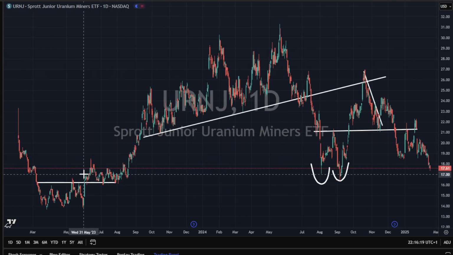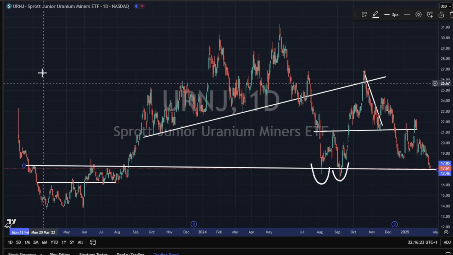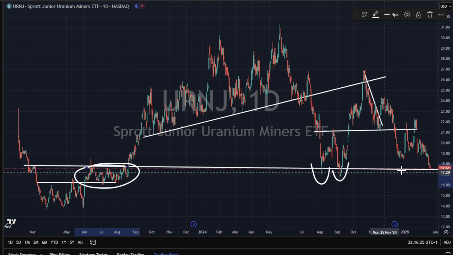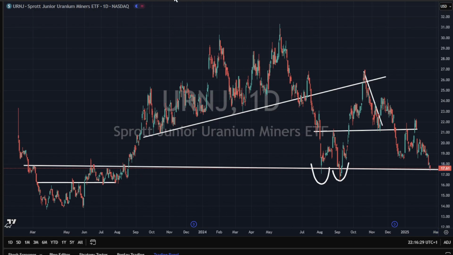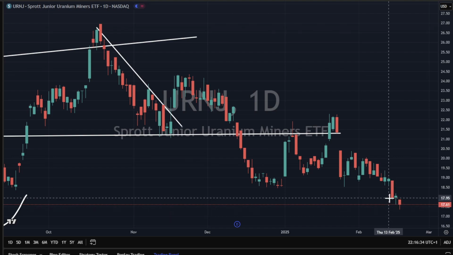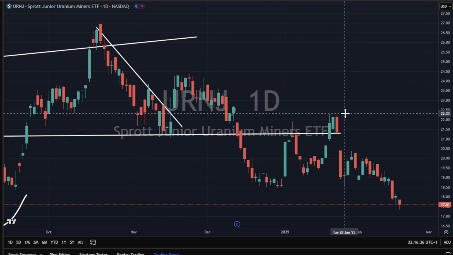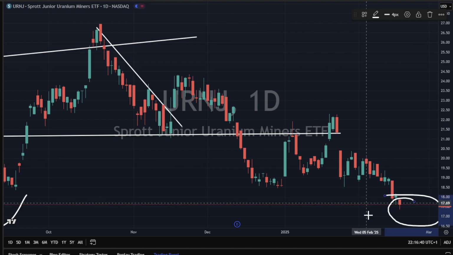And whenever you get the support areas, like through here, where you get some support, you're probably going to find support through here. So that's when I start to do my sprinkle dust in it. Small amounts of money because we're still in a downtrend pace, but still getting cheap shares.